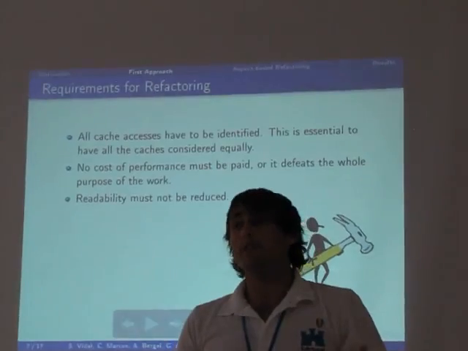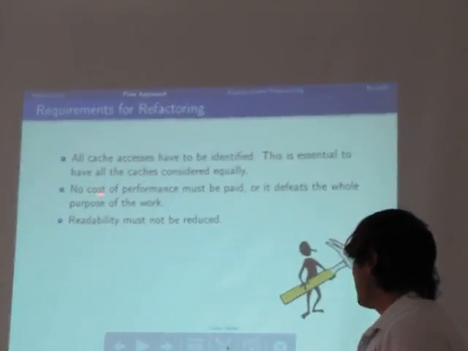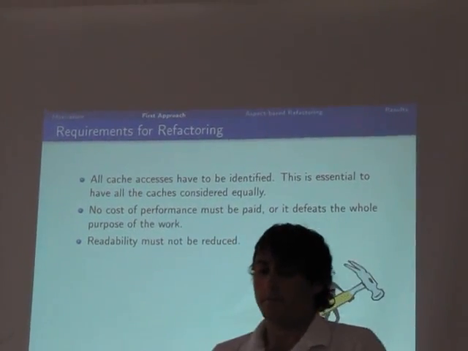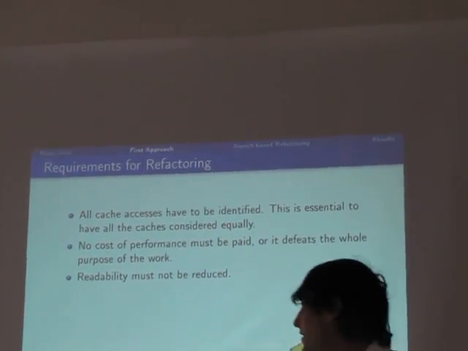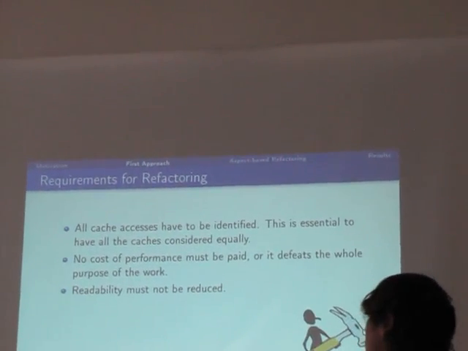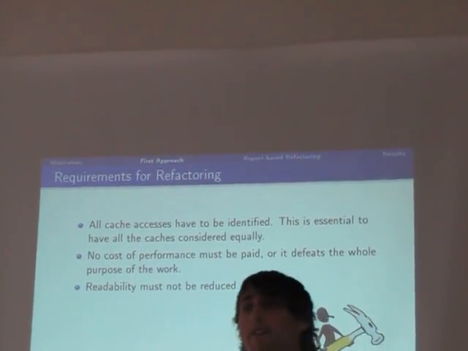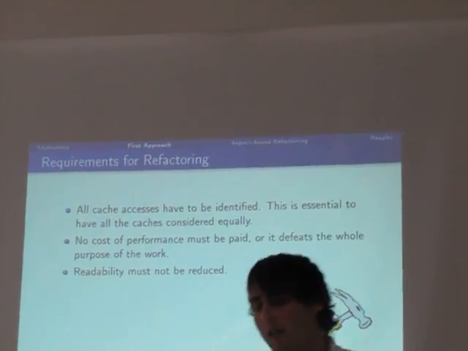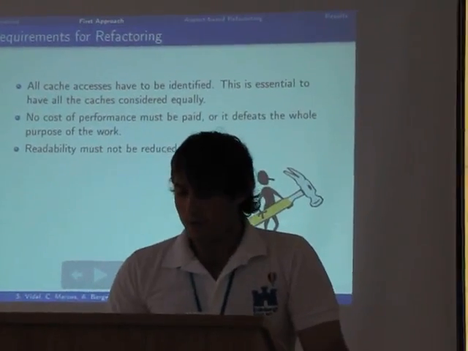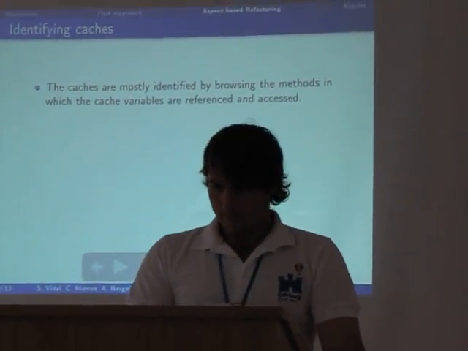The most important constraint is that the performance must not be affected, because the performance is very important in Mondrian. And finally, of course, the reliability must not be reduced. In fact, we think that the reliability must be improved.